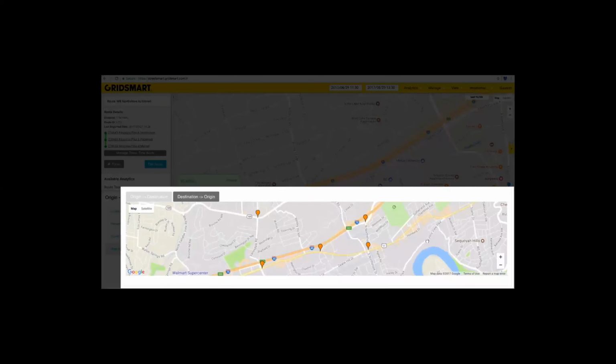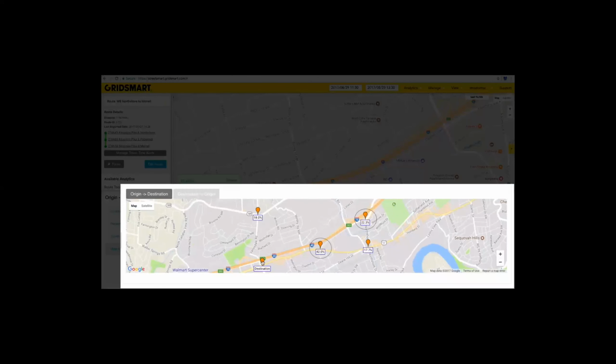When we look at this report, we can see that between the Paper Mill and Kingston Pike sensor and the Paper Mill and Interstate 40 sensor, nearly 2/3 of the flow of traffic is entering this segment at the Paper Mill and Kingston Pike intersection. This shows us three things. First, 2/3 of all the traffic entering this segment that we're looking at is turning onto Kingston Pike from Paper Mill.